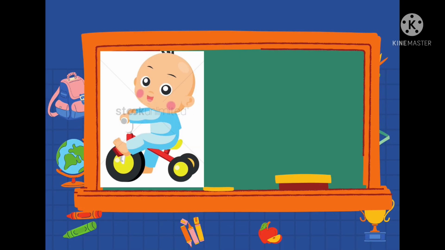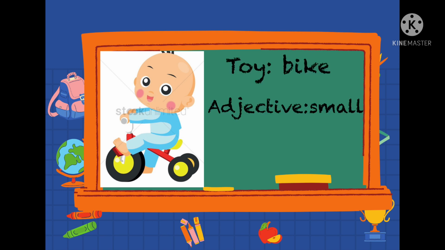Adjective number 1. The toy is a bike. The adjective is small. Small is kecil. Now, we arrange the toy and adjective first. Do we say bike small or small bike?